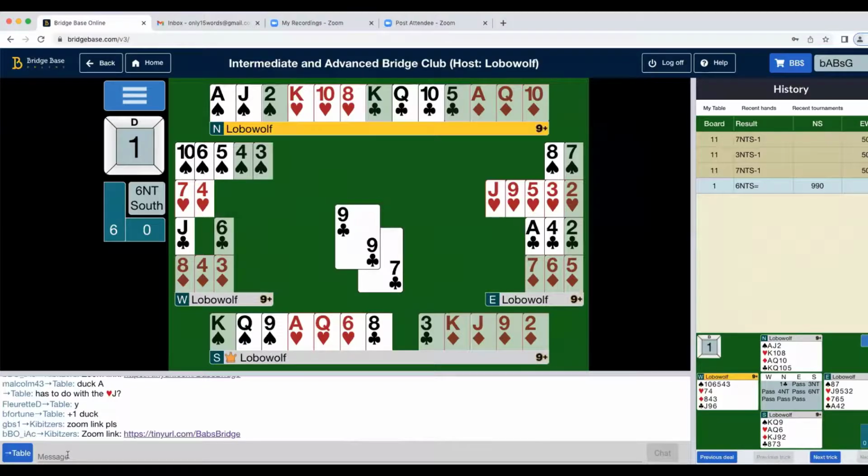Play West for the Jack of clubs. In other words, put up the 10. If it forces the ace like it would, the 10 would be the winning play, right? 12 tricks. So Declarer has a guess.